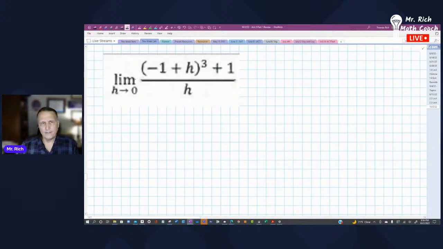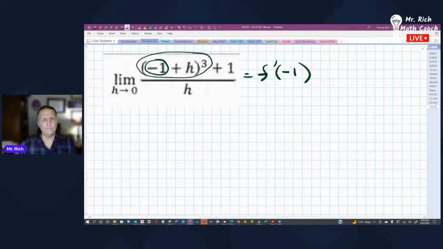So again, this looks like the limit definition of a derivative. And so here is the x value, right? So this definitely is the derivative of some function f of x that's being evaluated at -1. Now this whole entire thing right here is f of x plus h.